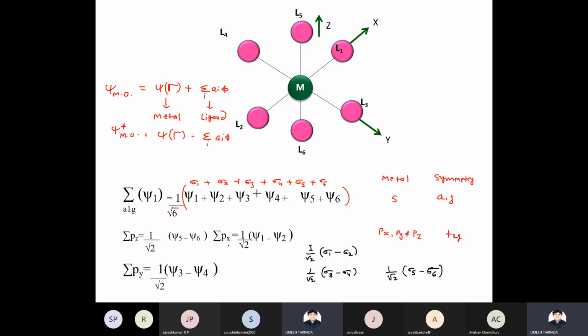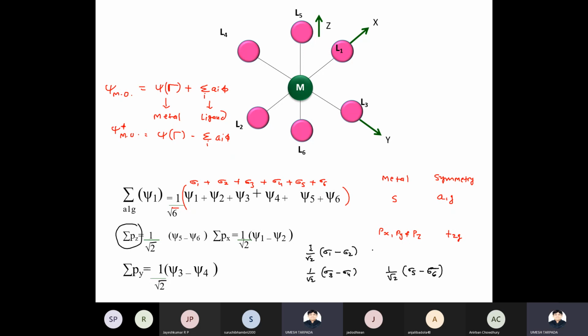That is nothing but Px, Py and Pz. Here Pz is 1 upon √2 (psi 5 minus psi 6), Px is 1 upon √2 (psi 1 minus psi 2), and Py is 1 upon √2 (psi 3 minus psi 4). So this is for the transformation of p orbitals.